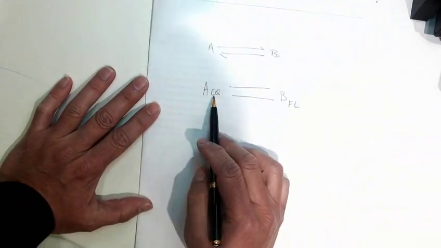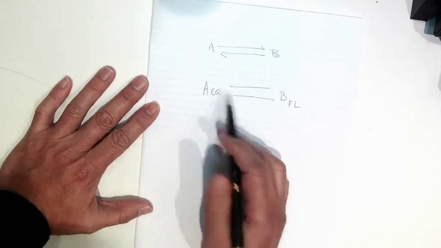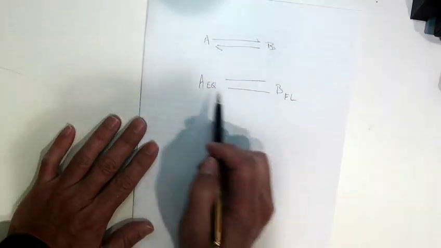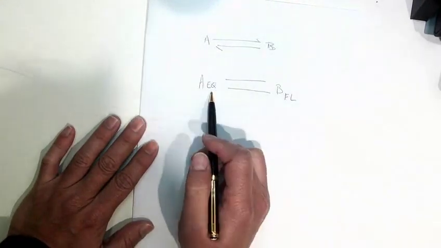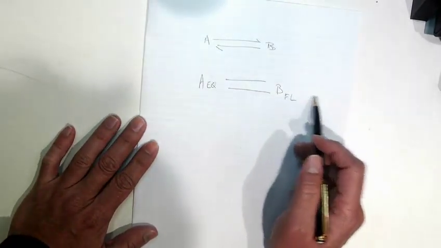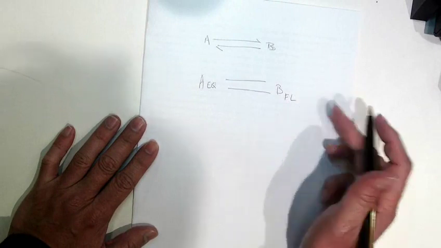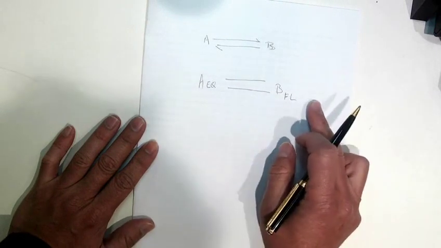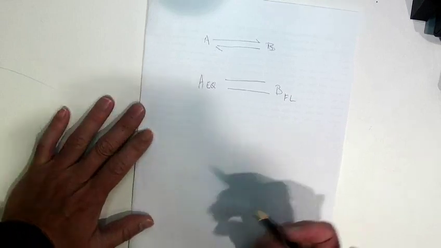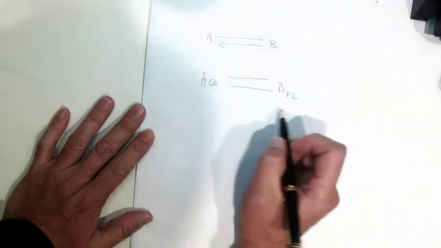The first thing you need to take note of is the asset. What asset do the two parties hold? In an equity swap, one party has to hold equity, and the other party can hold anything. It can be equity, fixed interest, whatever. But to qualify as an equity swap, one party has to be holding an equity portfolio. It can be a stock, an index, or a portfolio.